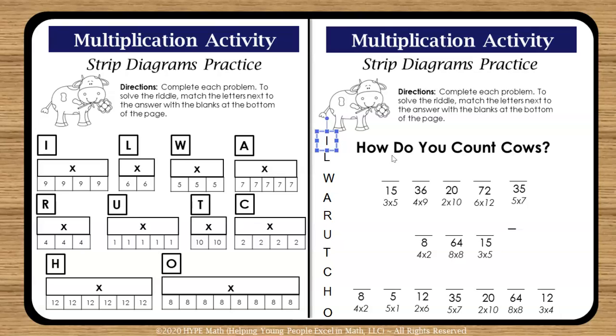And the X on the top right just means, what's that number? When I solve it, what is that number? So for I, remember, for a strip diagram, think of strips of paper, and on every single piece of paper, there is the same number. Here we have 4 strips of paper, 1, 2, 3, 4, and on each strip, there's a 9.